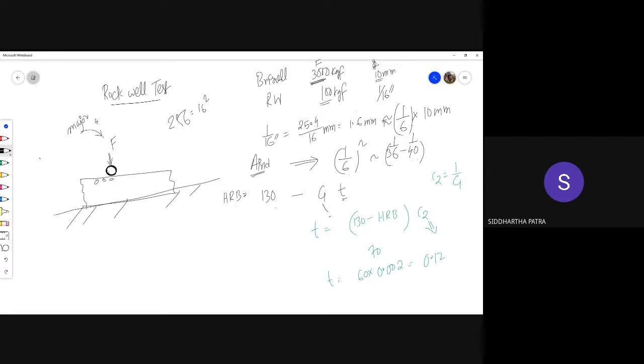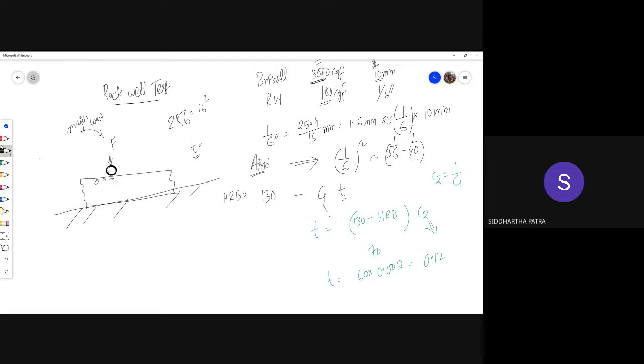If you are directly applying the major load, what will happen? If there is indeed a subsurface flaw such as this blowhole, it will collapse, and that depth of the blowhole is also added in your measurement of depth of indentation, and that is an incorrect measurement.